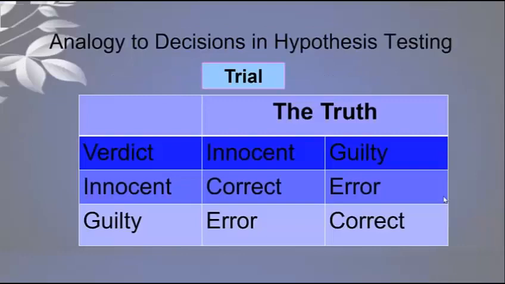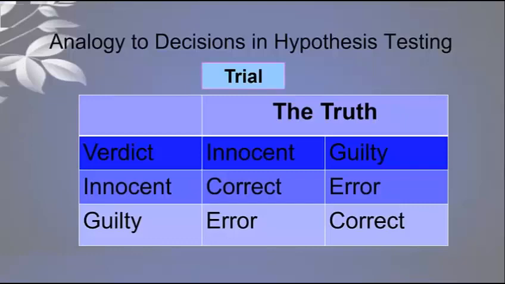This is the analogy of decisions in hypothesis testing. So this is about the trial. We have here the verdict as innocent and guilty, while here is the truth. If the verdict is innocent and the truth is innocent, then we are correct in our decision.